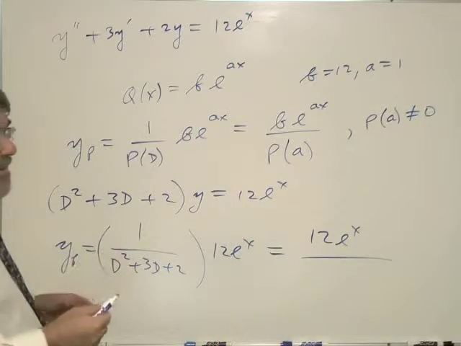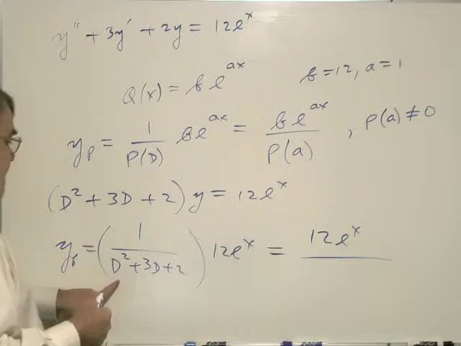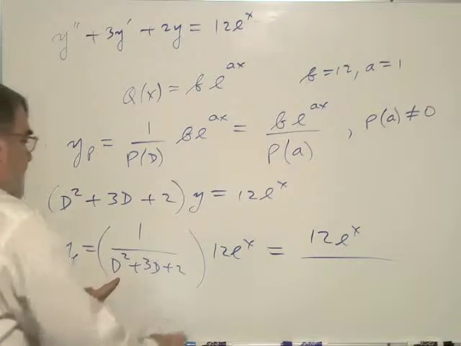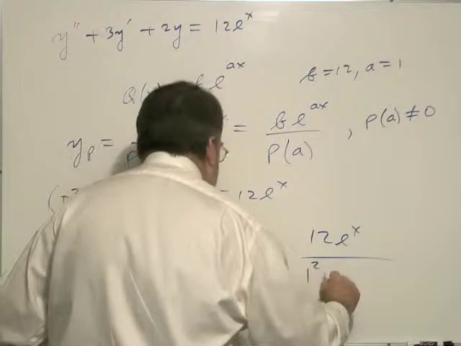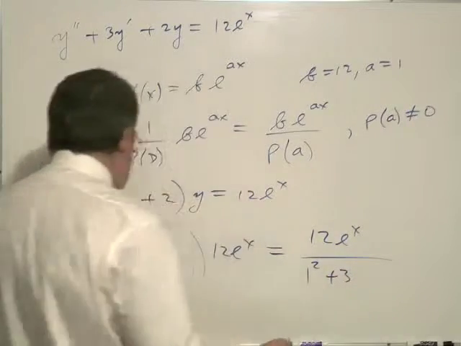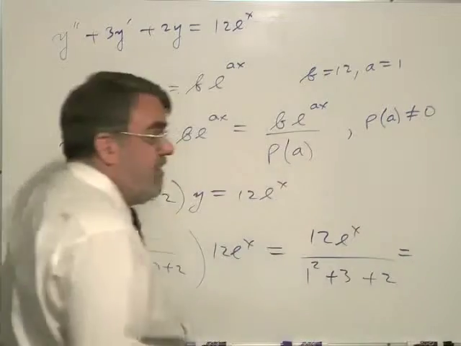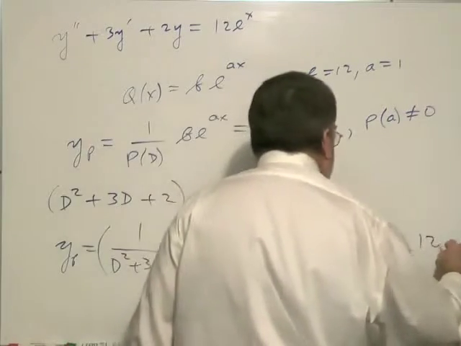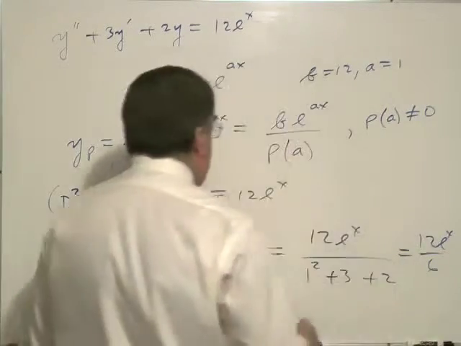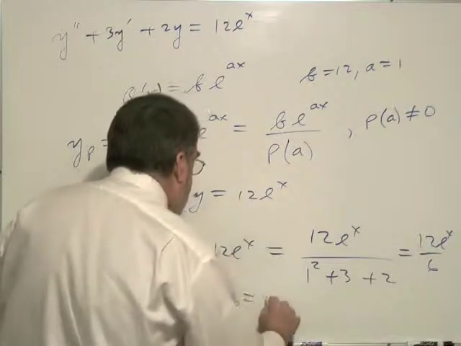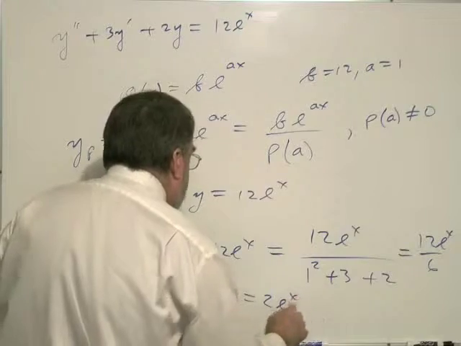So it now ceases to be a differential operator. It just becomes a polynomial. And a is equal to 1, so I'll plug 1 in here. I've got 1 squared plus 3 times 1 plus 2, which is 6. And so my y particular would be, that reduces to 2e^x.